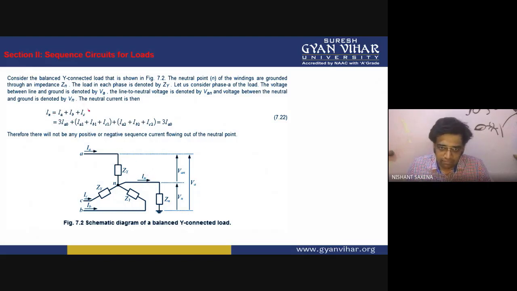If I substitute the phase symmetrical components for IA, IB and IC, then we can see that it is equal to 3 IA0. Therefore, there will be no positive or negative sequence current flowing out of the neutral point. Only the zero sequence component of current will be flowing through the neutral point. The positive and the negative sequence currents will be equal to 0.